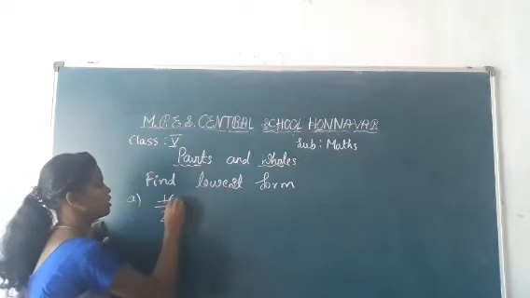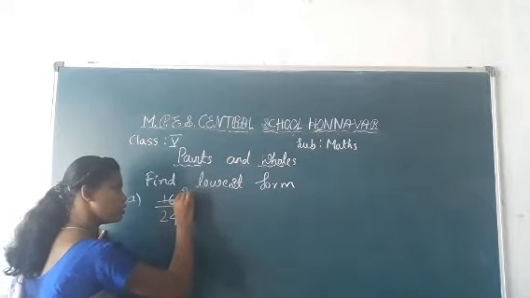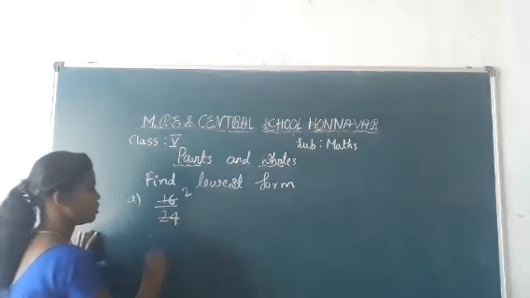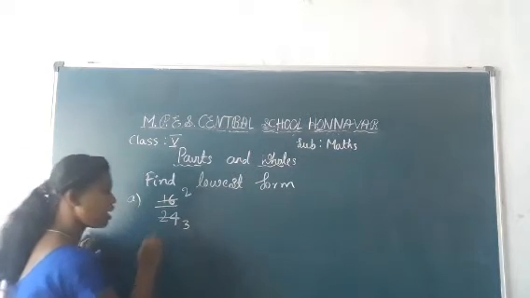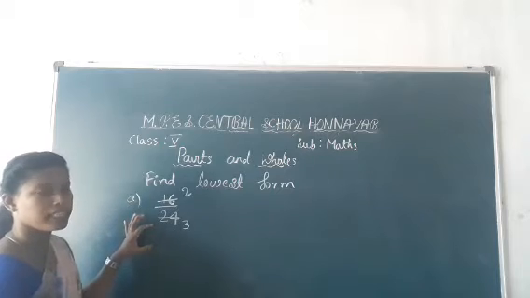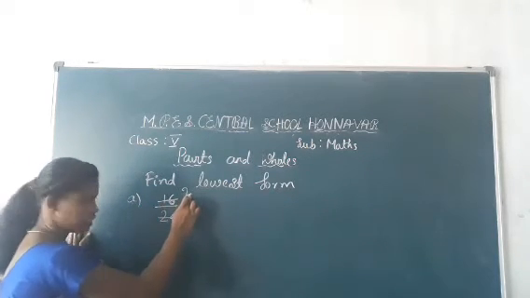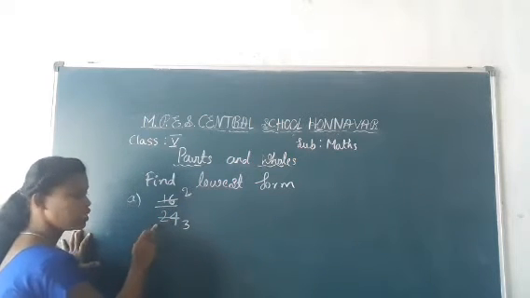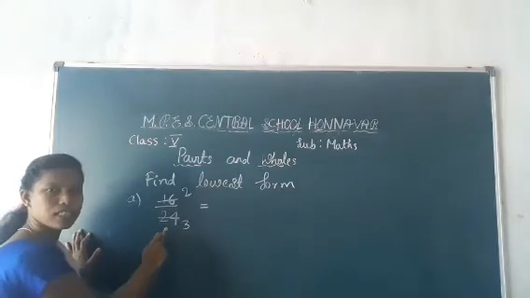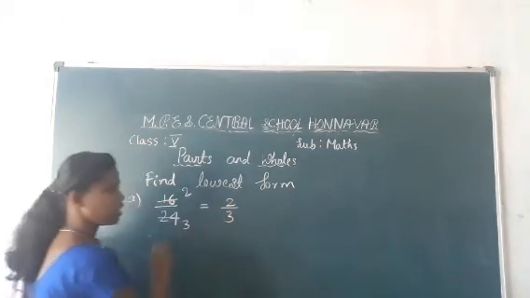See here, 8 2s are 16, 8 3s are 24. Here the numerator and denominator are divisible by 8. So the lowest form of 16/24 is 2/3.